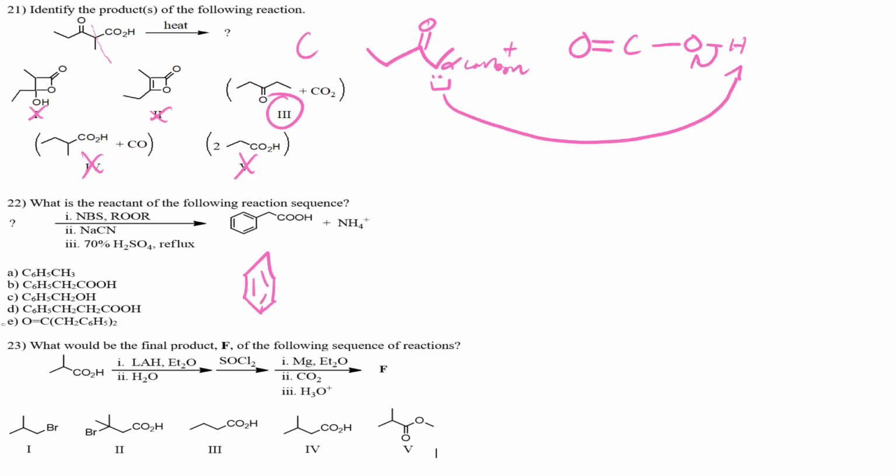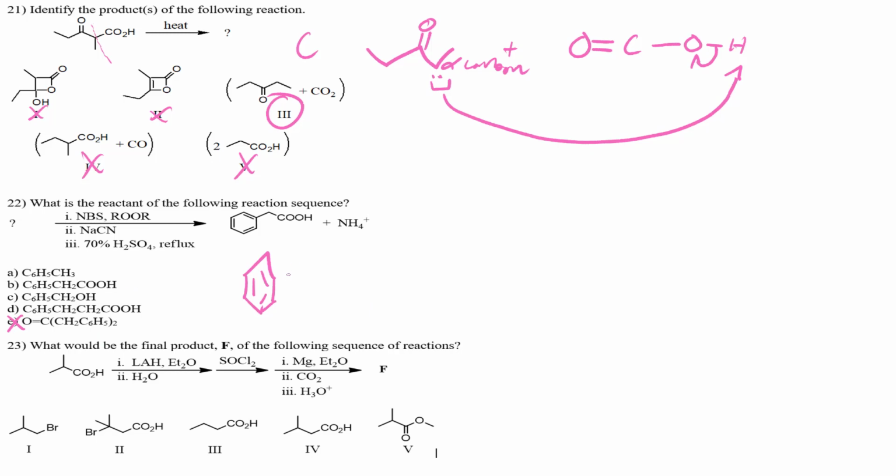We can automatically eliminate answer choice E, because it doesn't have a benzene ring. So how are we going to form this if we don't have a benzene ring? We can't, right? I mean, we can, but we have 2 benzene rings, but we only need 1. How's that going to work? No, it's not. Okay, so this is bad.